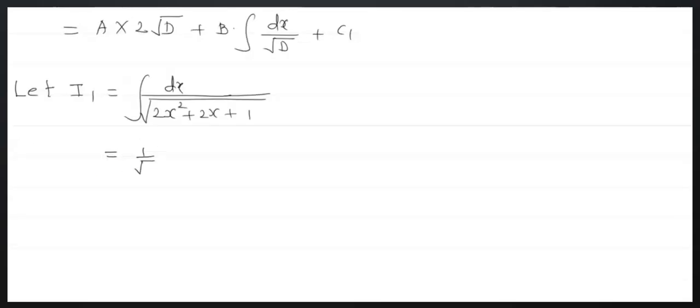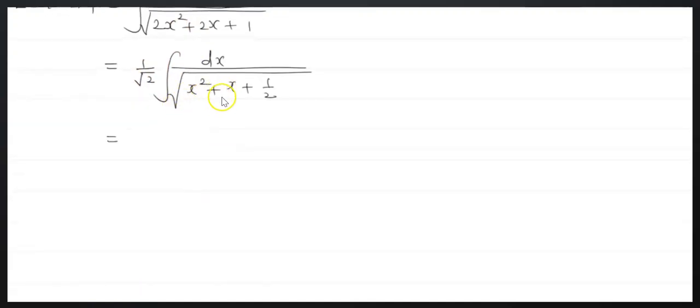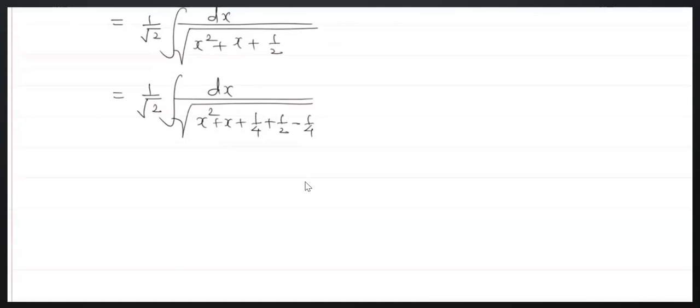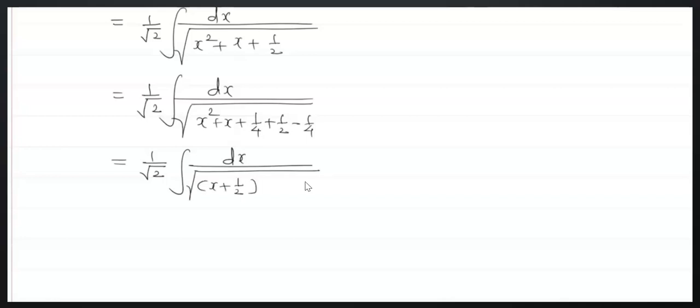that is I1. The integral of dx upon root of 2x square plus 2x plus 1, take 2 as common, then you will get 1 upon root 2 integral dx upon x square plus x plus 1 upon 2. 1 upon root 2. What is the second term? It is 1 upon 2. Its square is 1 by 4. Add 1 by 4, subtract 1 by 4. 1 upon root 2 integral root of x plus 1 upon 2 bracket square plus 1 by 4.